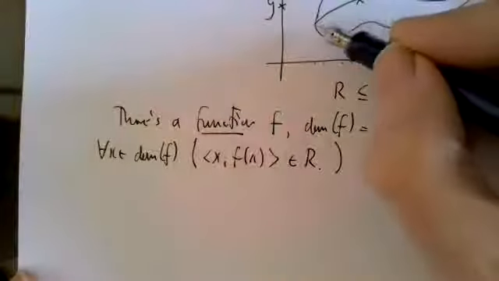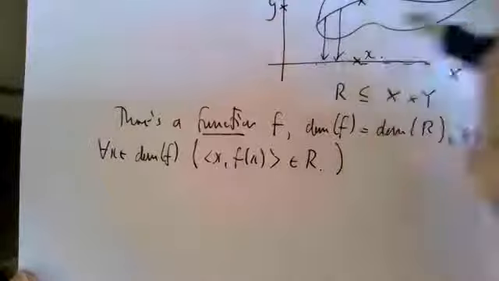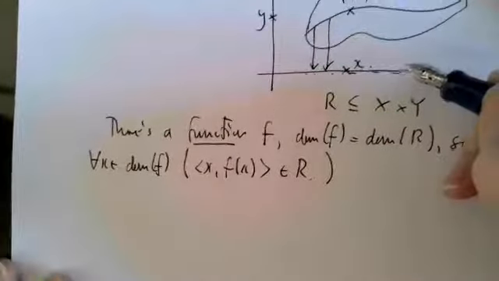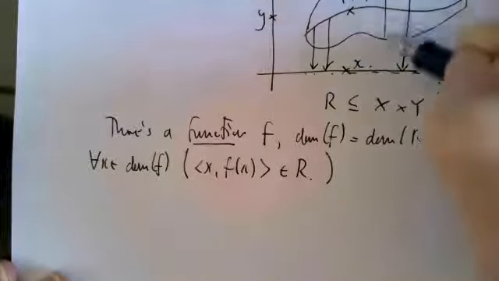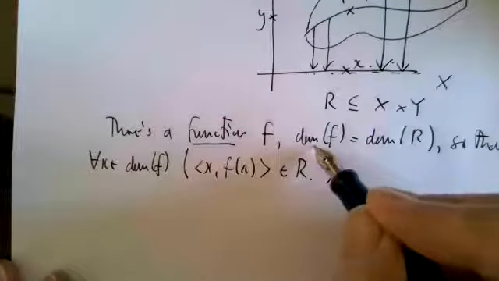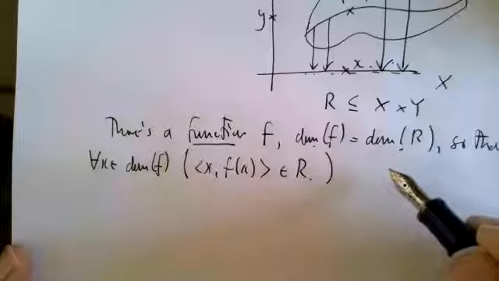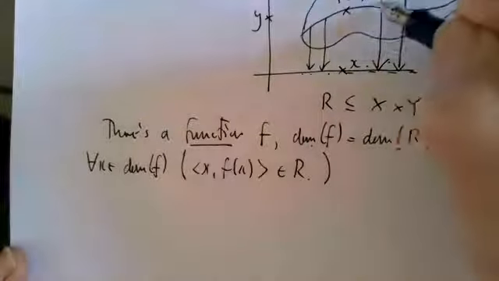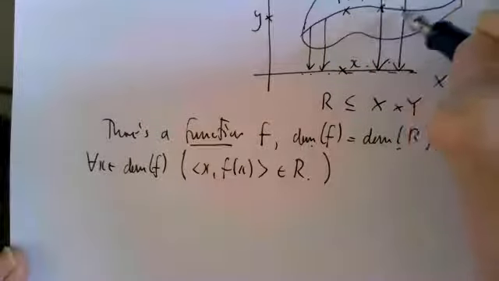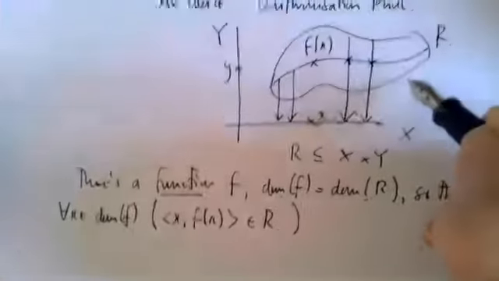So if you like, when I look at the projection of the graph of the function onto the x-axis, I get just the same projection as if I took the whole region down onto the x-axis. That's what I mean by saying the domains are the same. So what the function does is pick out one thing on each of these vertical fibers that's in the region.